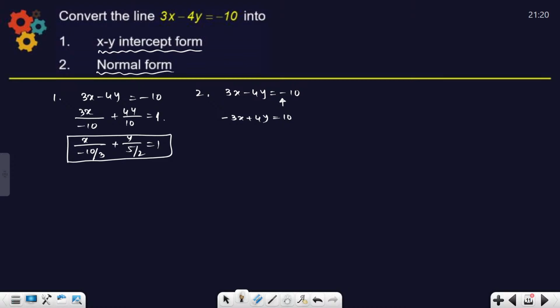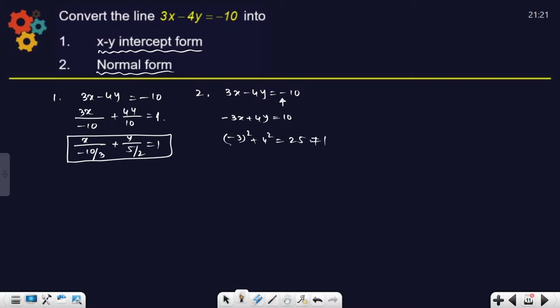Is it clear? Now the question comes, to transform this into normal form, the square of the coefficient of x plus the square of the coefficient of y has to be equal to 1. But in this case, what is happening? It's not coming to 1, because minus 3 square plus 4 square comes to 25. It's not equal to 1. So it is not your normal form.